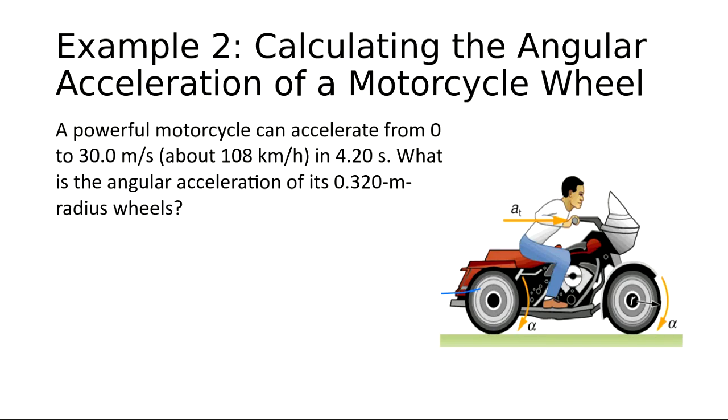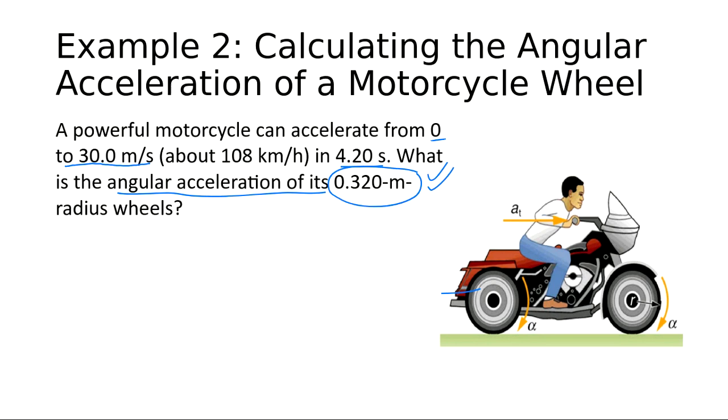A powerful motorcycle can accelerate from 0 meters per second to 30.0 meters per second in 4.20 seconds. What is the angular acceleration of a 0.320 meter radius wheel? Now you must start thinking, what is given here?